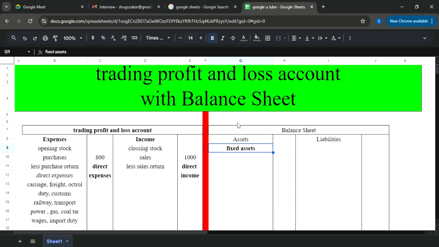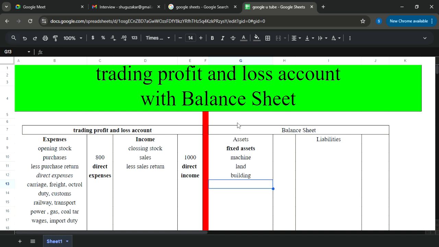Fixed asset, what does that mean? Assets which can be depreciated, which have long life, or which cannot be converted into cash easily. For example, you may have machine, land, building.